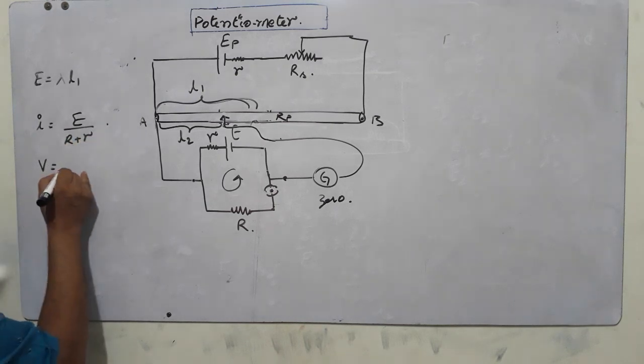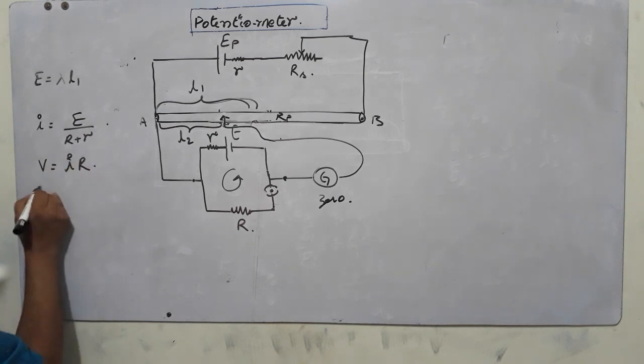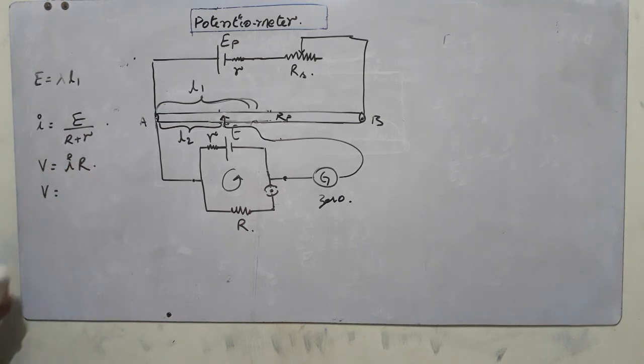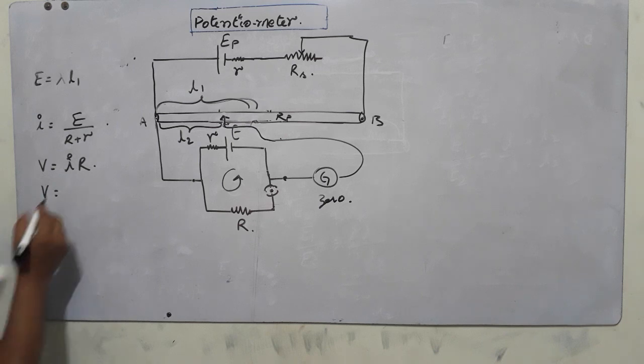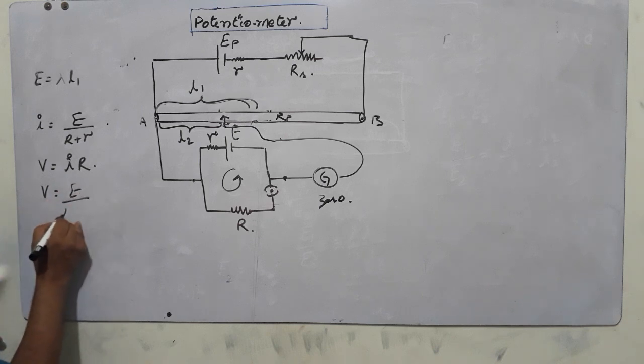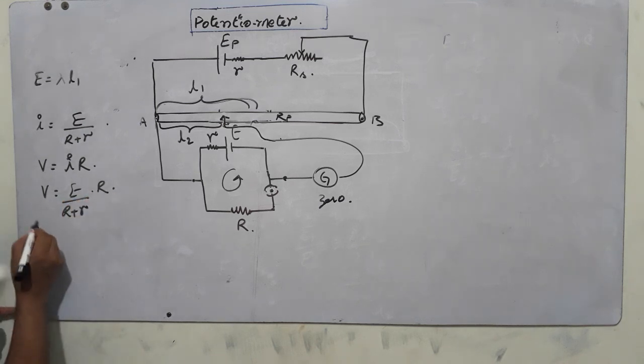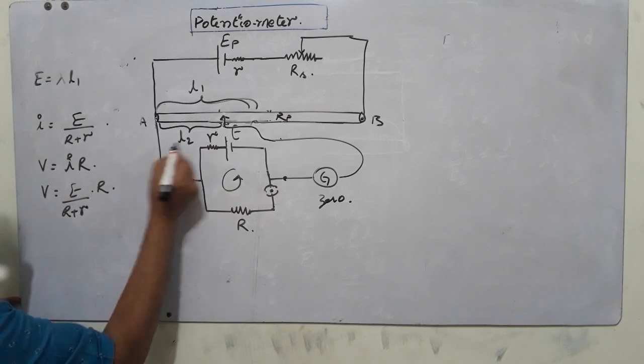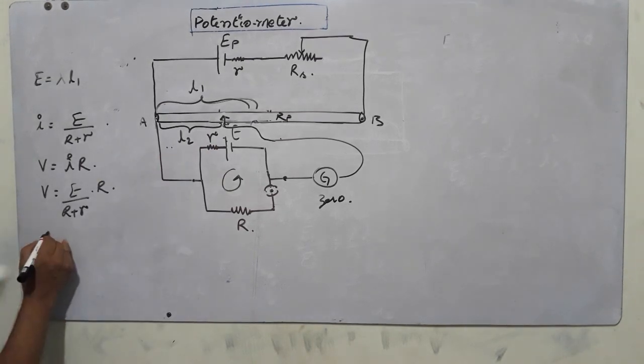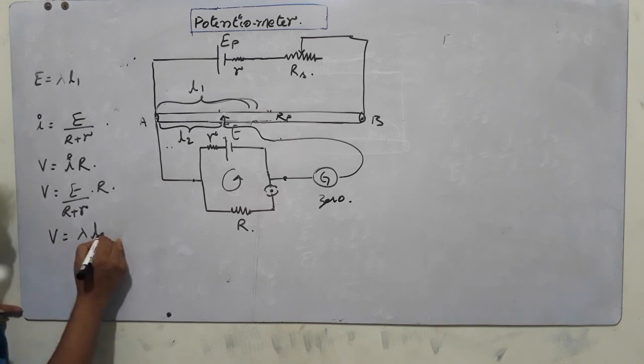V is equal to IR. So V is equal to E R by R plus r. And this terminal voltage is balanced for length L2, so that V is equal to lambda L2.